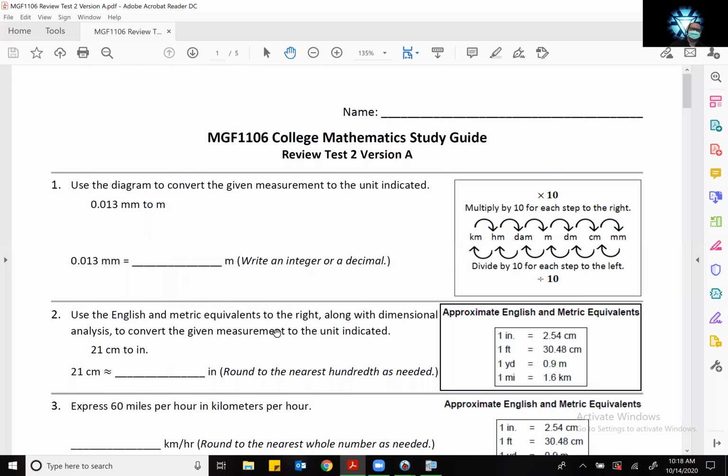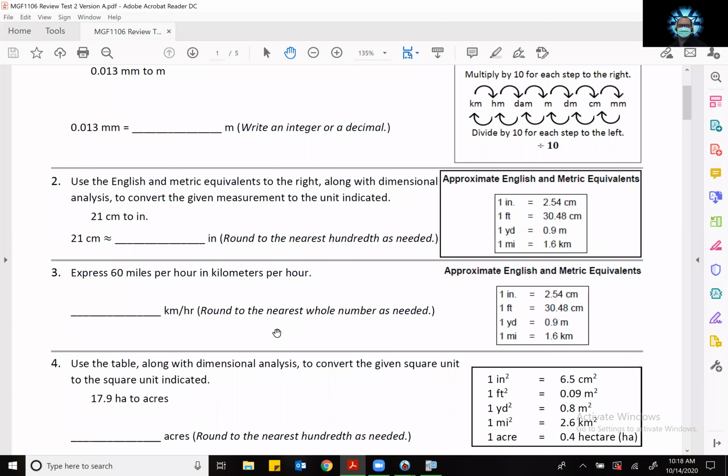Okay, so it says use the English and metric equivalents to the right along with dimensional analysis to convert. So we're converting 21 centimeters and we want to turn it into inches.